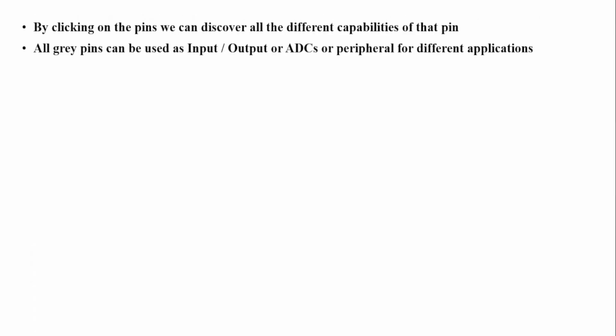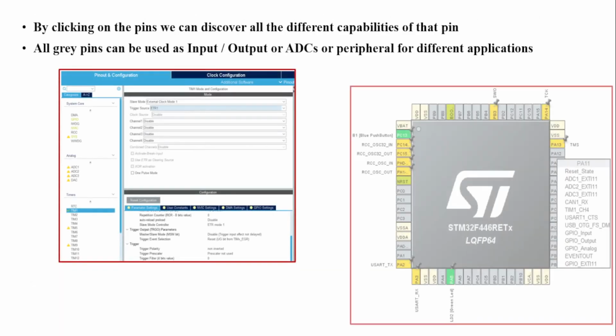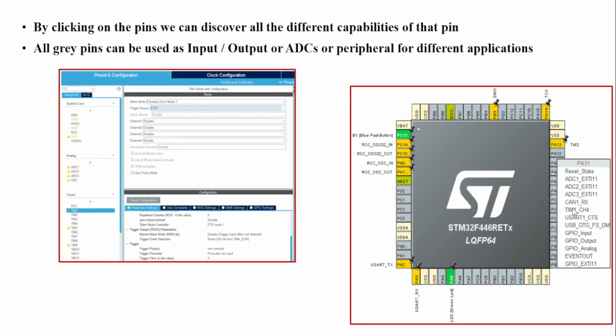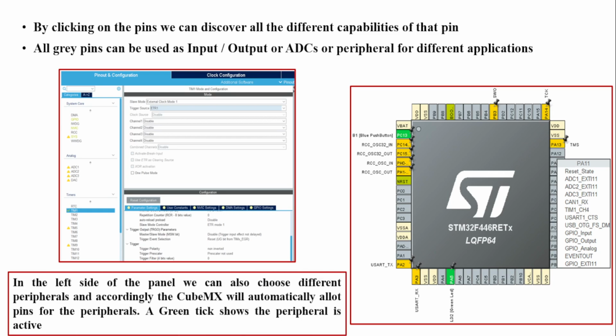These pins can be configured to work in multiple ways. To know what are the different features you can use from a particular pin, you just have to left click and the list of different features will automatically appear. And according to your choice, you can just select one of the options listed.